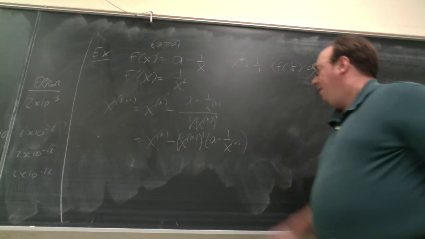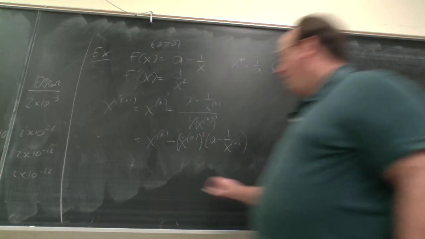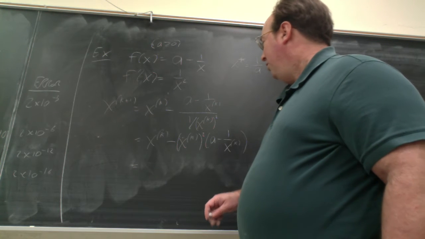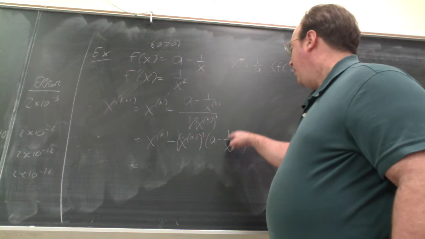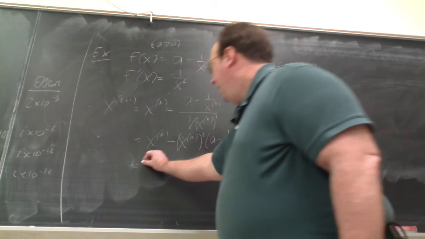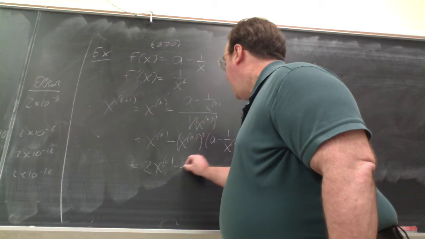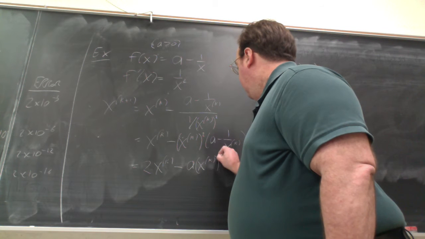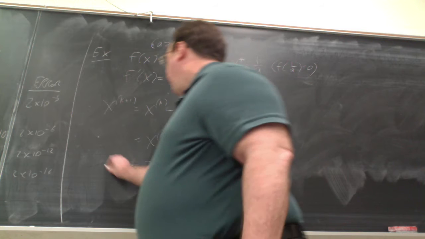Once I simplify all this, and I won't go through all that because that's not so advanced, I'll get another term involving xk, which I'll combine with the first one. And I'll get 2xk minus a xk squared. So this is my Newton's iteration.